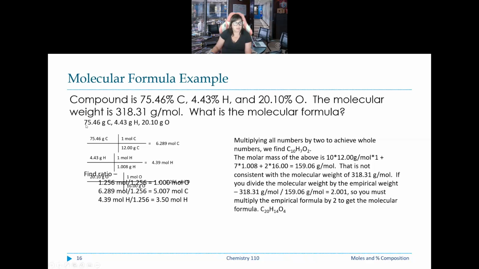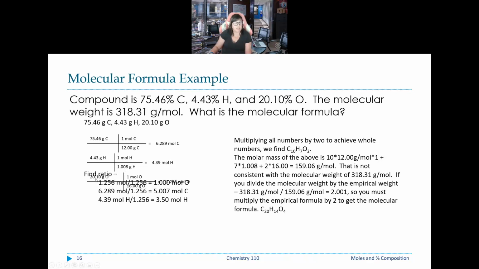We assume 100 grams, so 75.46 grams of carbon, 4.43 grams of hydrogen, and 20.10 grams of oxygen. Convert the 75.46 grams of carbon to moles by dividing by 12. It gives me 6.289 moles of carbon. We take the 4.43 grams of hydrogen, divide it by 1.008, and it gives me 4.39 moles of hydrogen.